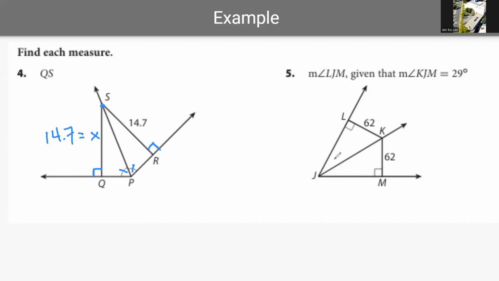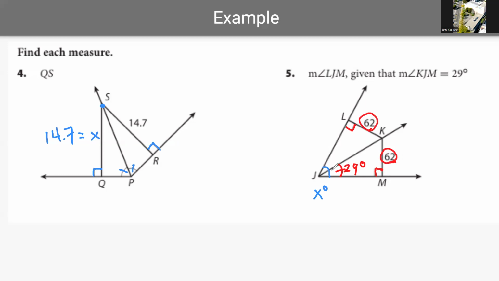So in this case, I have to figure out this whole angle here. I'm going to label that X degrees. And I'm given that KJM, this angle here, is 29 degrees. But I also know that they're perpendicular and they're both equal to each other because they're both 62.